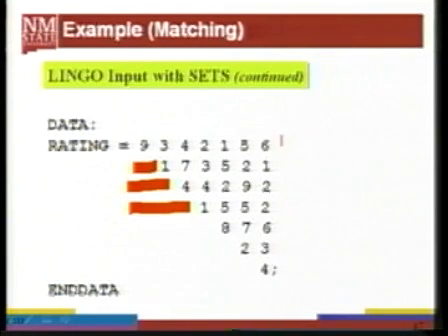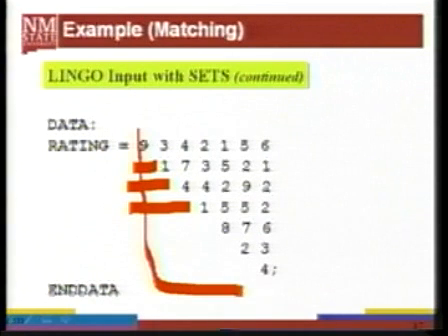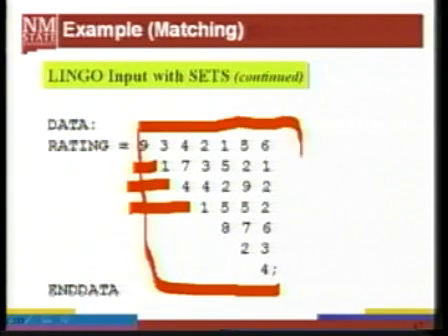Because you don't have a semicolon at the end of each line, LINGO assumes that this is just one set of data, okay? Because we do have a semicolon at the end of this number 4, right?